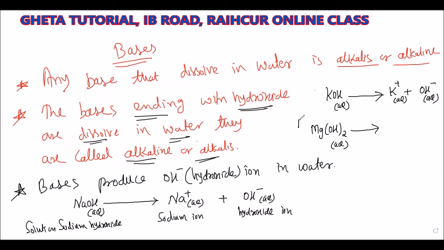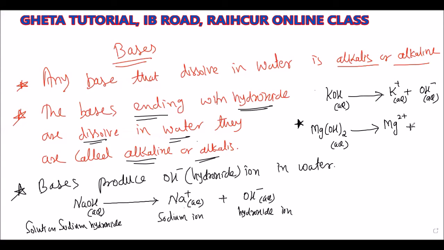Here the student will make a mistake. Here Mg2 plus will come. Why? Because the magnesium ion is always 2 plus, so this ion will not change.